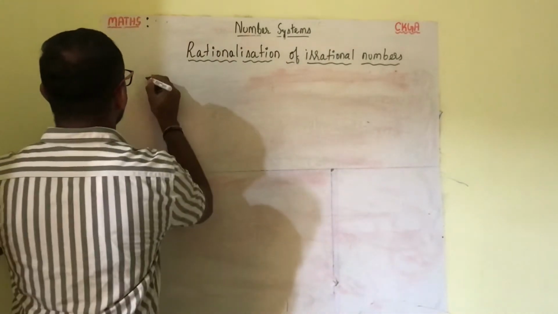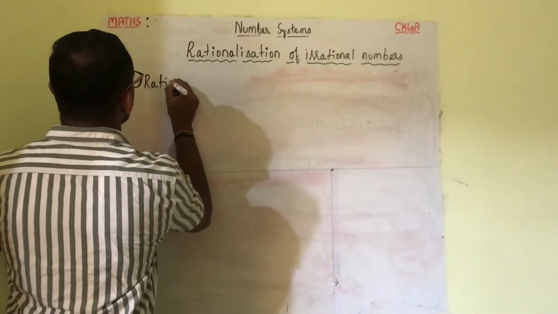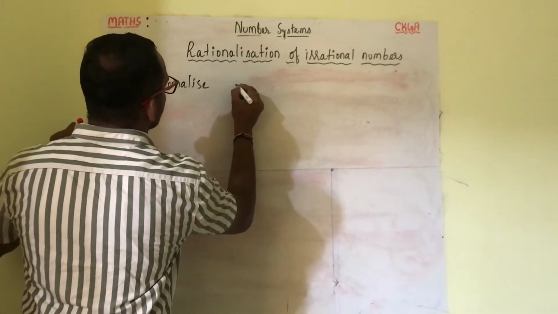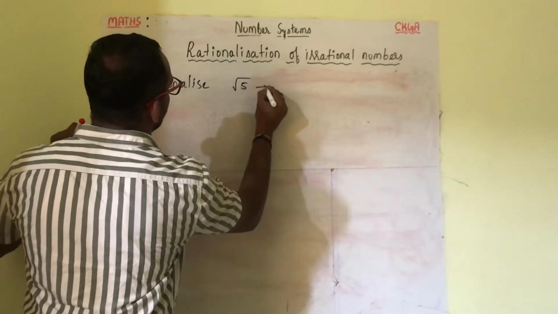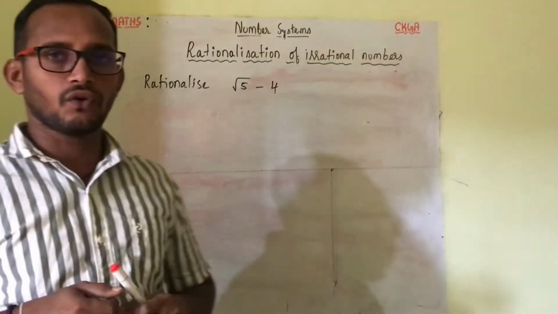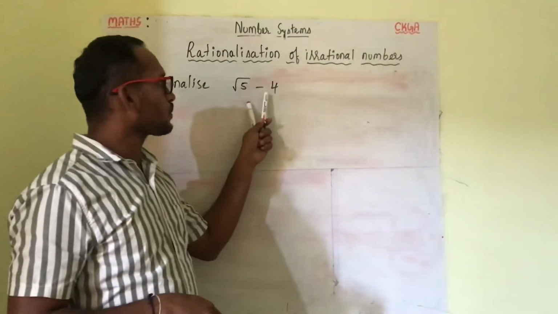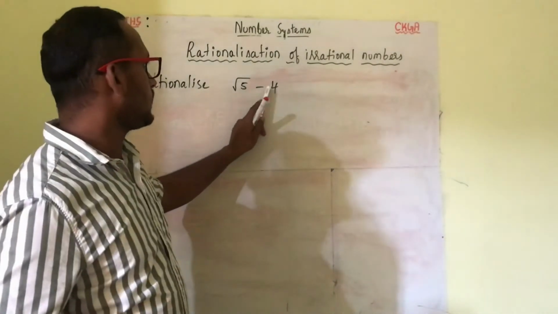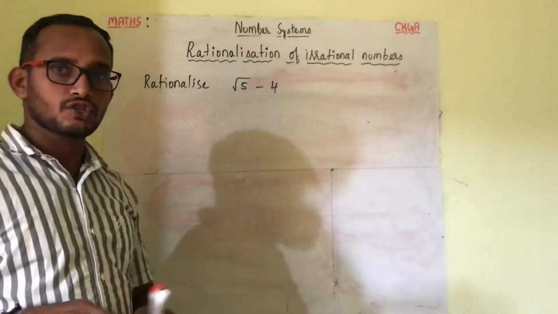Rationalize root 5 minus 4. Here there is no root with 4, but you have to assume this is a binomial.